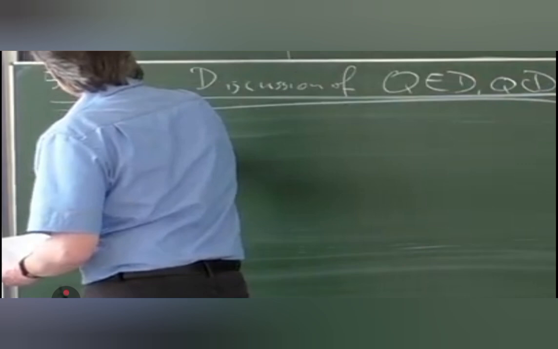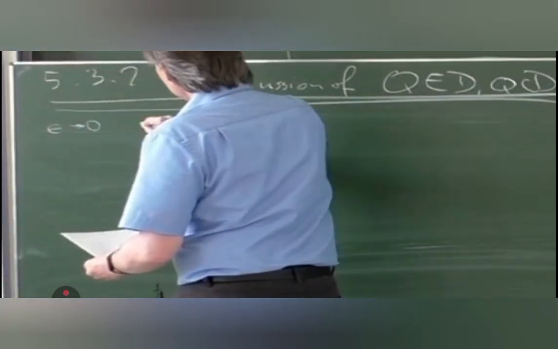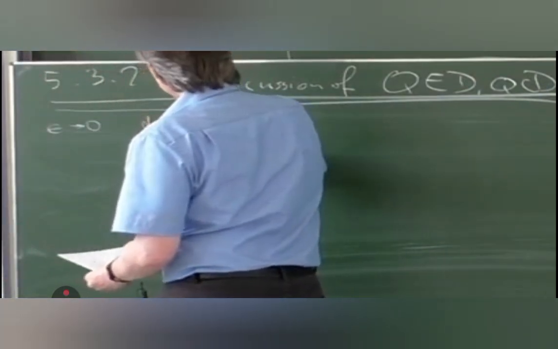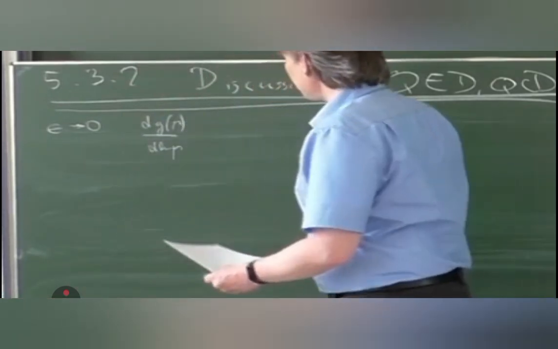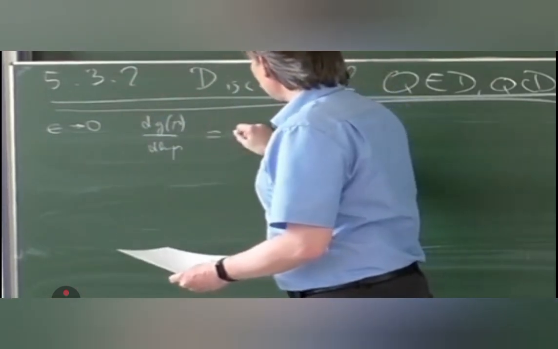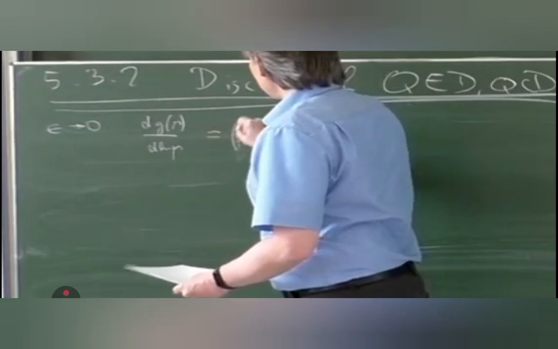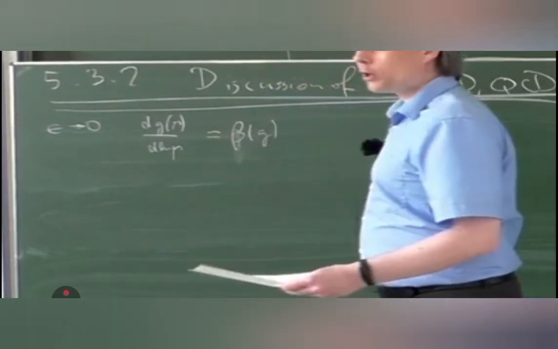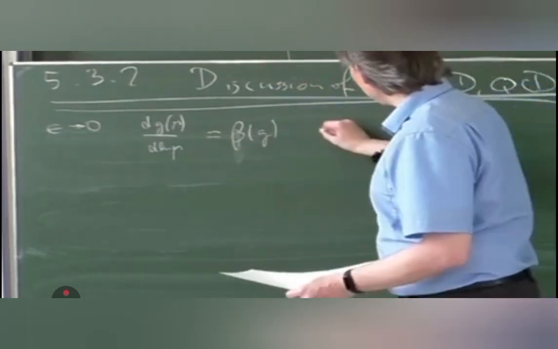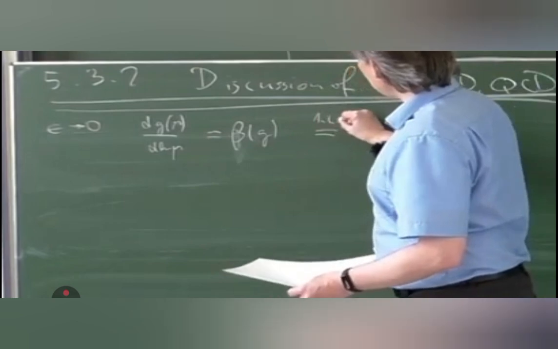So let's consider the case where epsilon has gone to 0 and where the running coupling dg divided by dln mu is given by this epsilon independent part of the beta function. And let's work at one loop level.